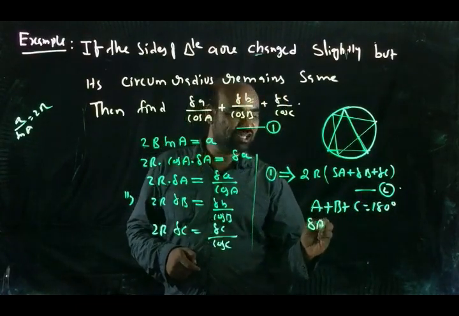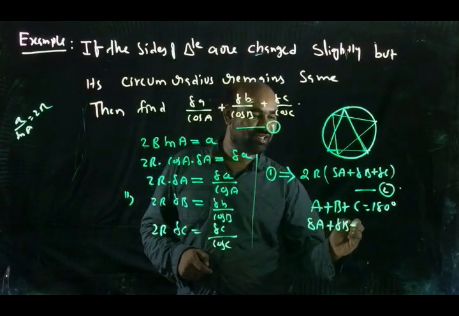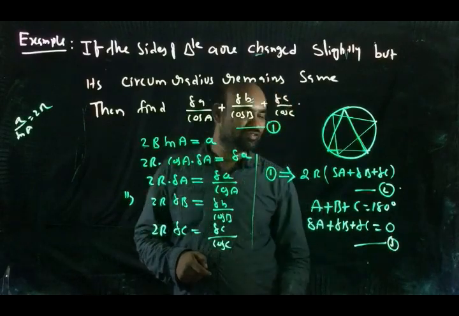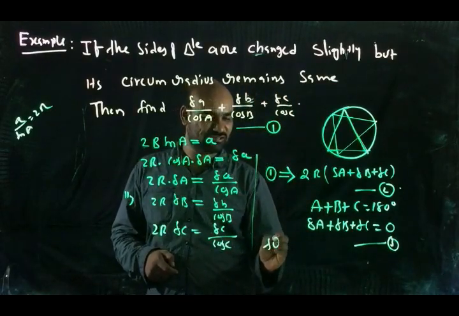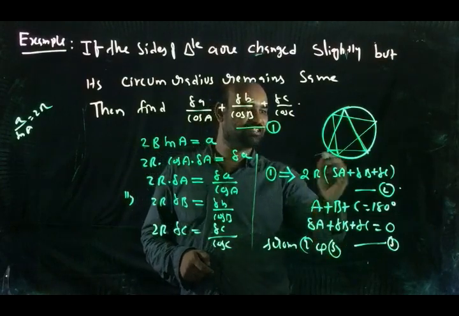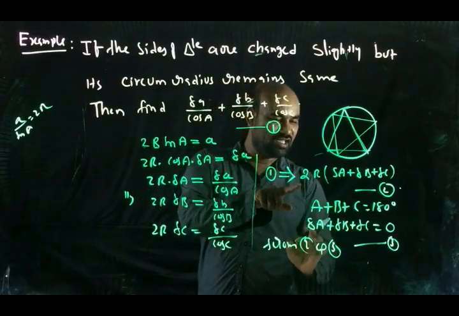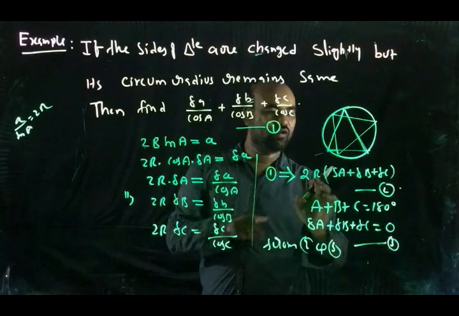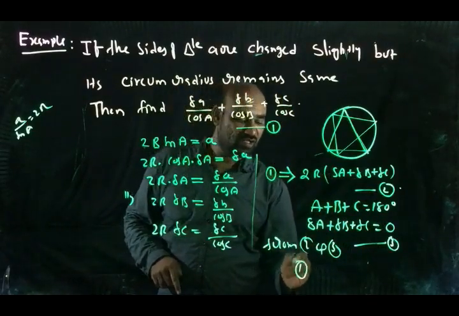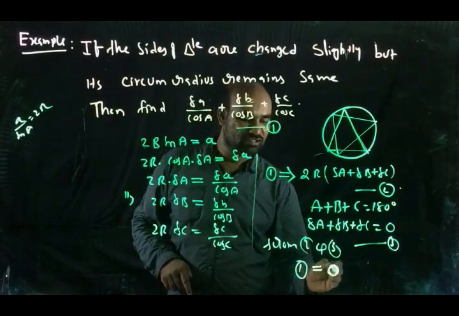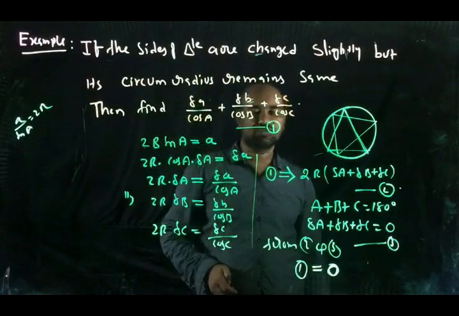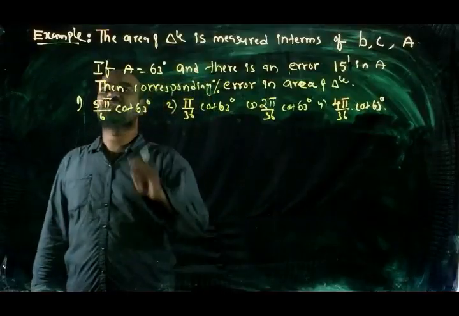That's why delta A plus delta B plus delta C equal to 0. Result number 3. From 2 and 3, we can say this expression is 0. So equation 1 also equals 0, meaning the value of this expression equals 0.